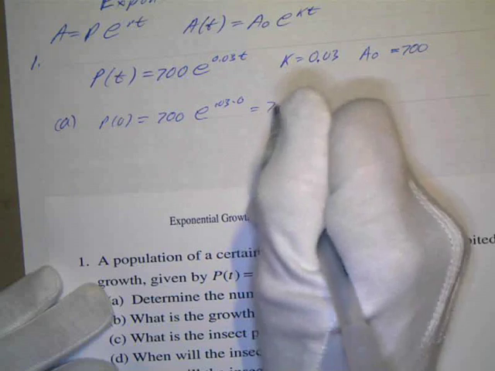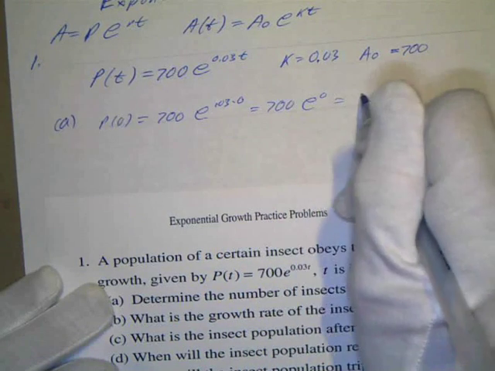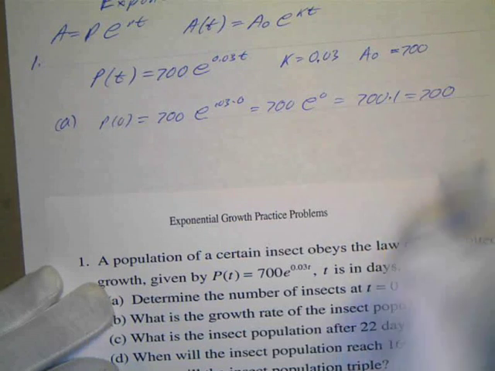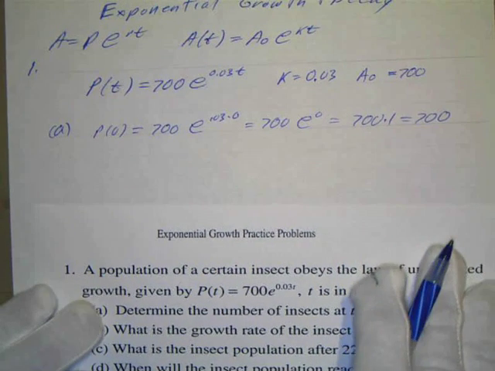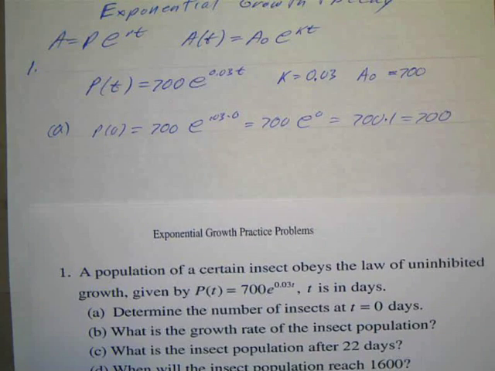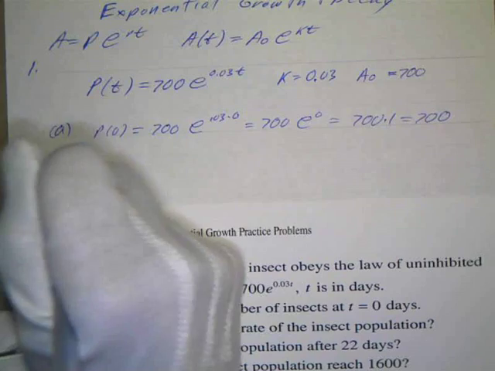That's just 700 times e to the 0, and e to the 0 is 1, so it's 700 times 1, which is 700. That reaffirms that the initial amount is 700. They're just asking these questions to see if you're familiar with the formula and the setup.